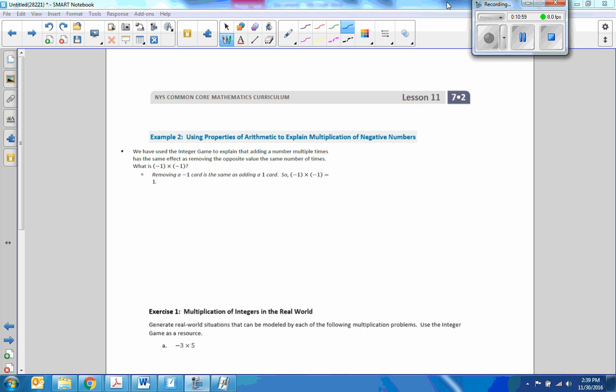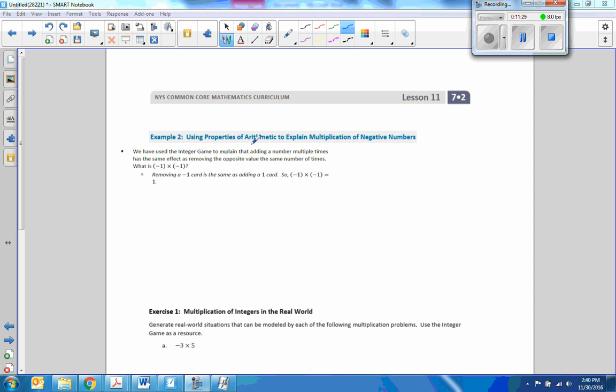Okay, so example 2 says using properties of arithmetic to explain multiplication of negative numbers. So thinking about the integer game with cards, if we add a number multiple times, it's the same as removing the opposite. Think about that. If I have an ace in my hand, and I have 3 of them, that's worth a total of 3 points.